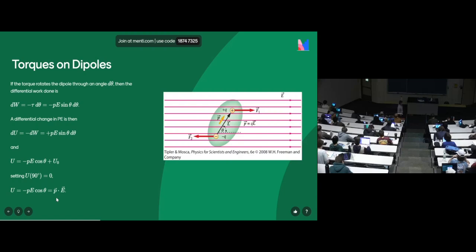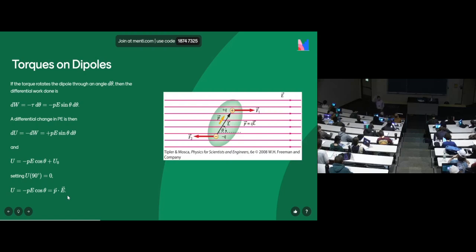And if you know anything about P times E cosine of theta, that is the magnitude form of taking the dot product, which is how we define our final form for the electric potential energy of a dipole: the dot product between the dipole moment and the electric field.